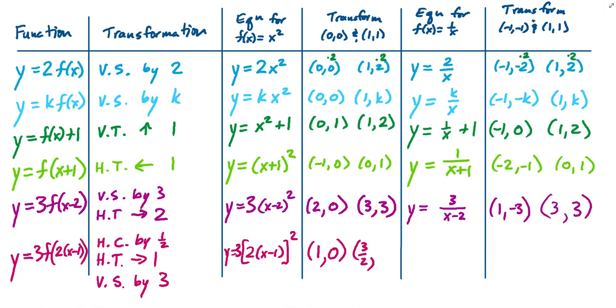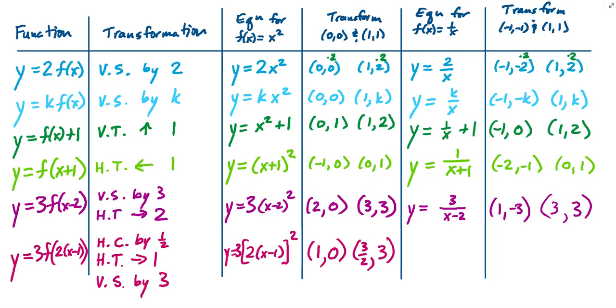So first I'm taking 1, I'm multiplying it by a half, then I'm adding 1 more. That's how I get my 3 halves. What about the y coordinate? Well, only one thing is happening to the y, a stretch by a factor of 3, so 1 gets multiplied by 3. That's the y coordinate.